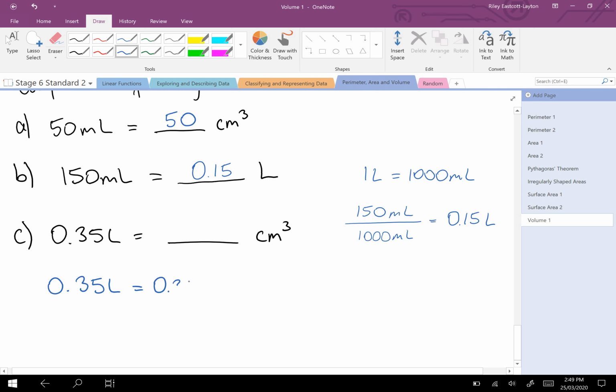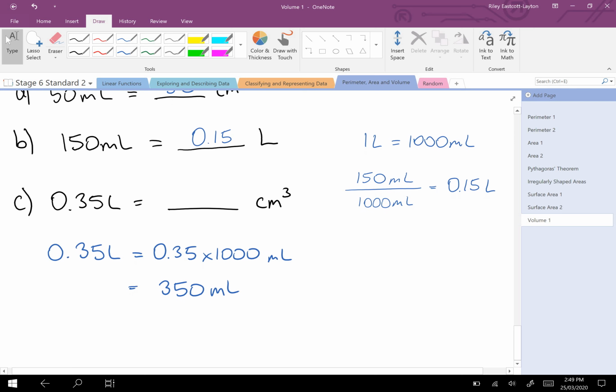So it's 0.35 times by 1,000, which is 350 mil. Now we know that 1 mil is equal to 1 centimetre cubed, and therefore it would make sense that 350 mil would just be 350 centimetres cubed. Easy.